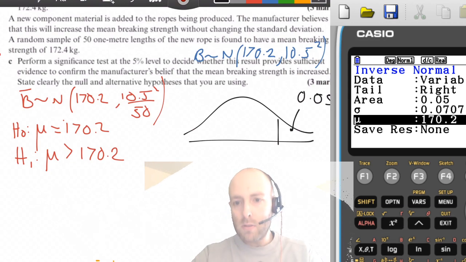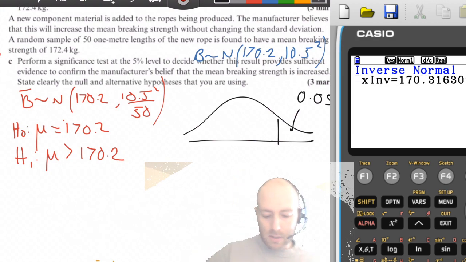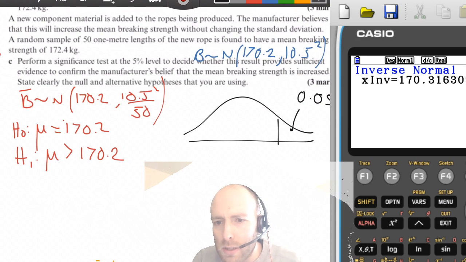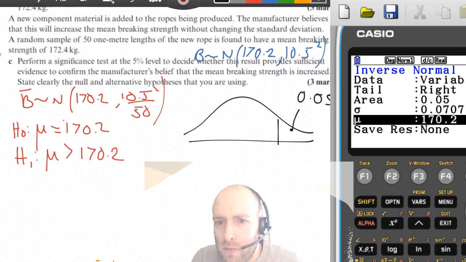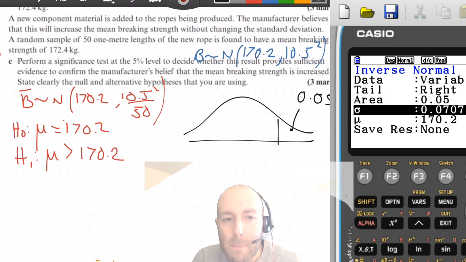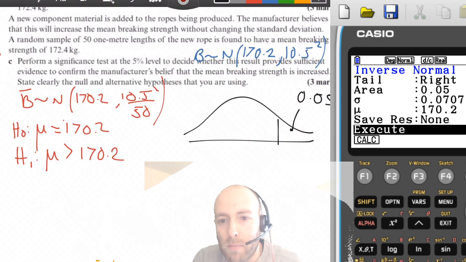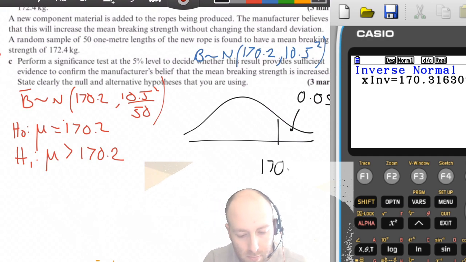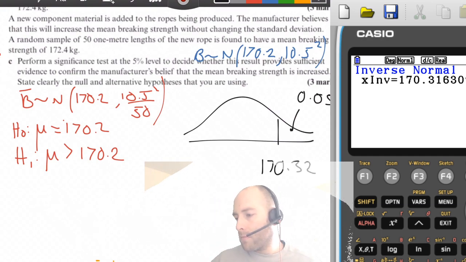Mu 170.2. And let's have a look. So we get 170.3. Really? Let's double check that quickly. Cool, okay. So our value there, 170.32.